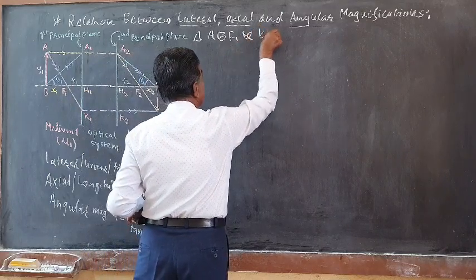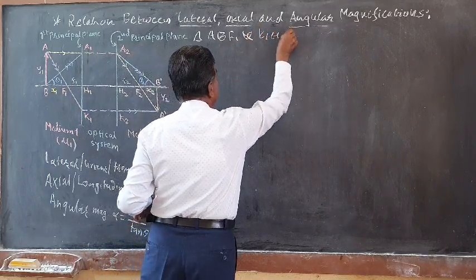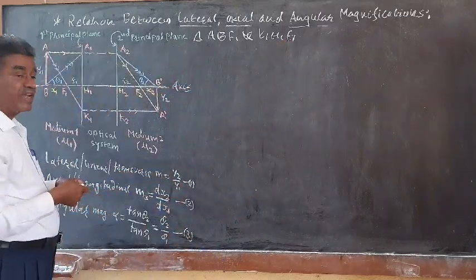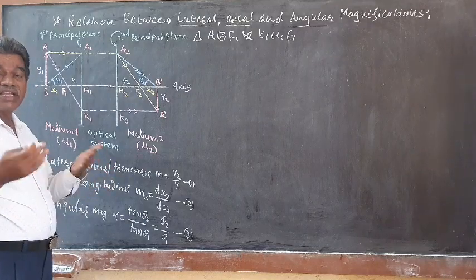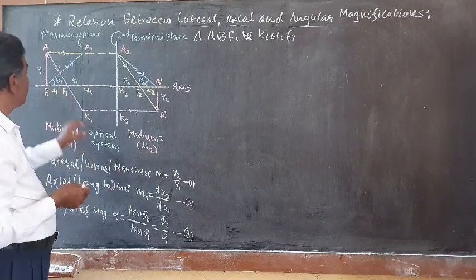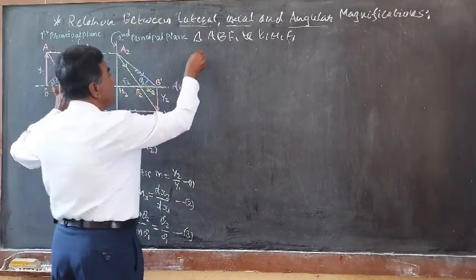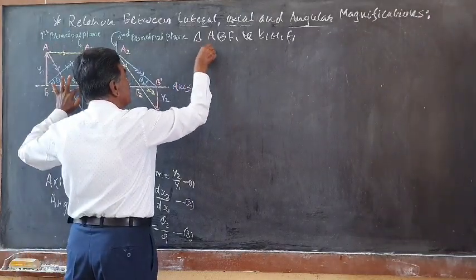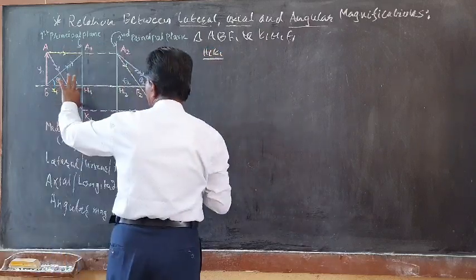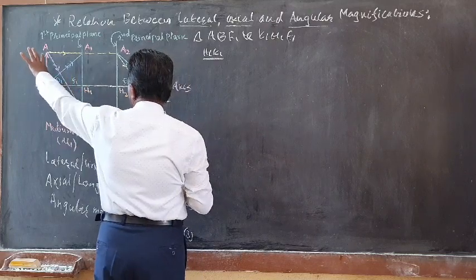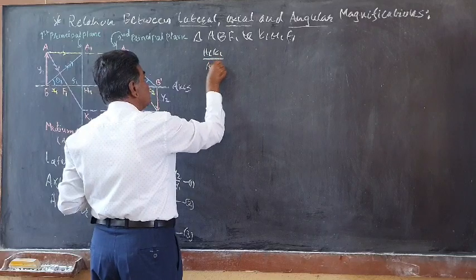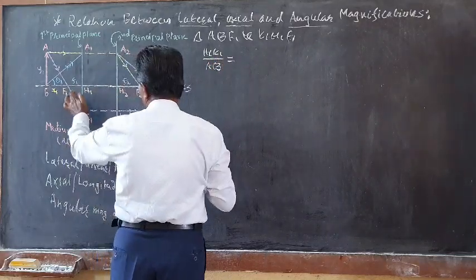Now from the two triangles, as usual, the ratios of the corresponding sides of the two similar triangles are equal. Therefore we can write H1K1 divided by the corresponding side, which is AB, and this will be equal to the next ratio.